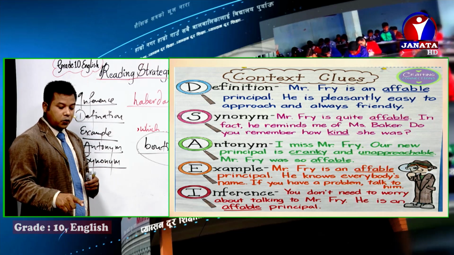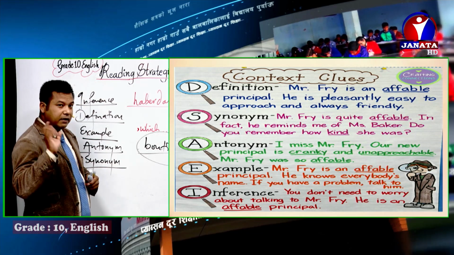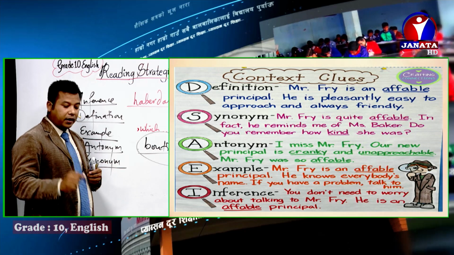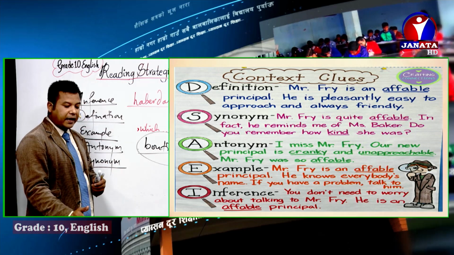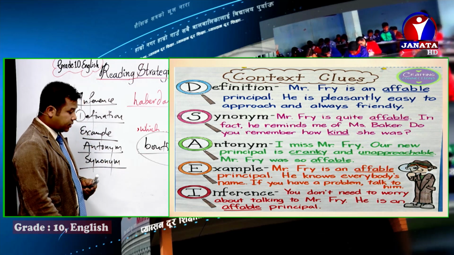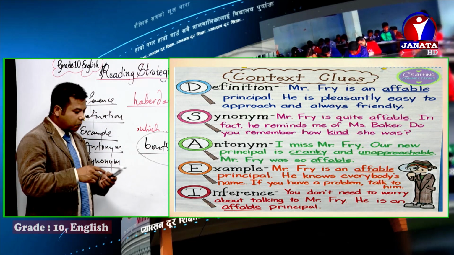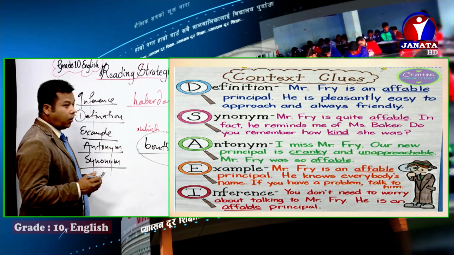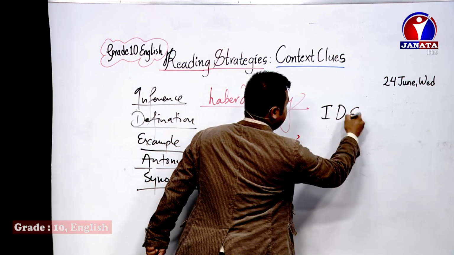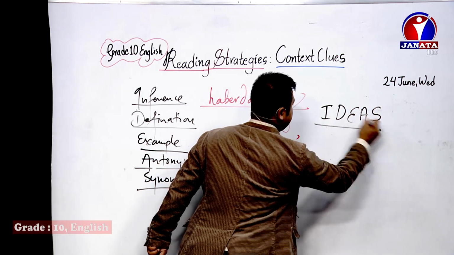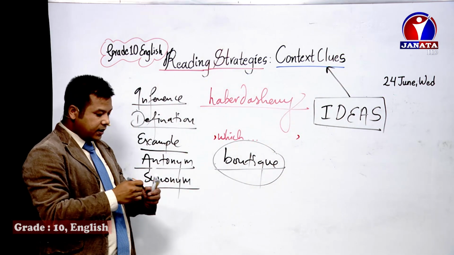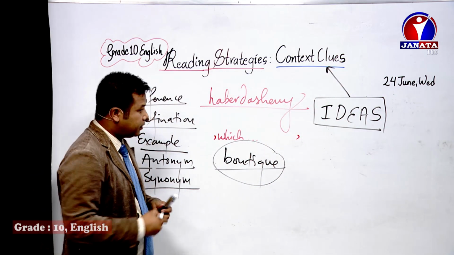What I want you to do is revisit my teaching, check the recording, find the space, and try to find out how the word available is used in different contexts. But right now, comprehensively, what we have learned together is these ideas for understanding context clues. Now, what is this idea? Let me show you.